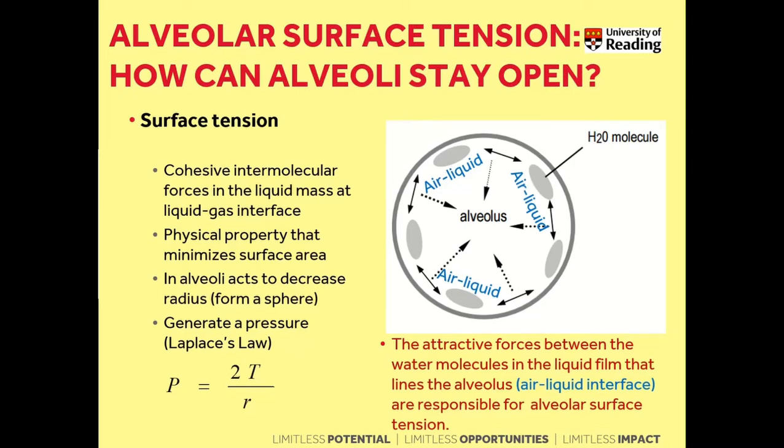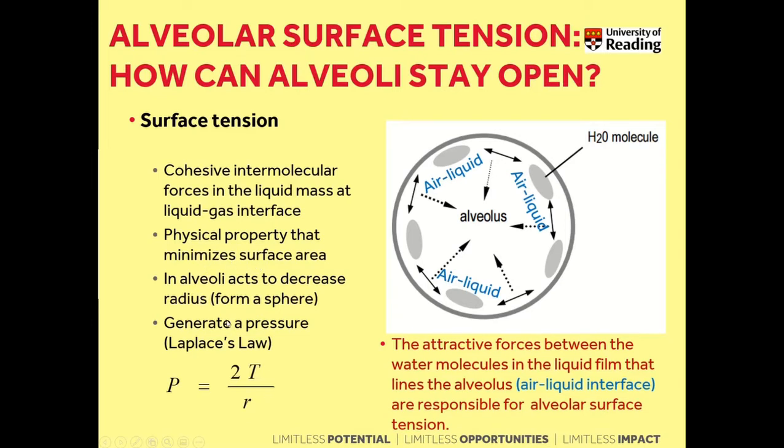What does it mean? So there are attractive forces between the fluids that are coating the alveoli that are stronger than the attractive forces between the fluid and the gas itself. So these forces are strong. And because of that, they create a tension, which is a physical property that minimizes the surface area.